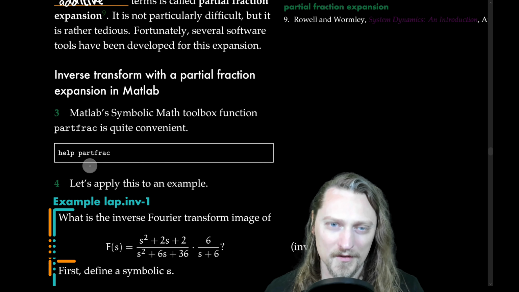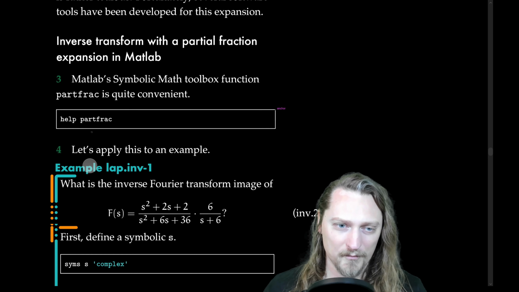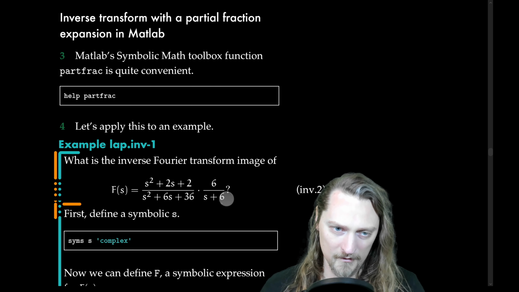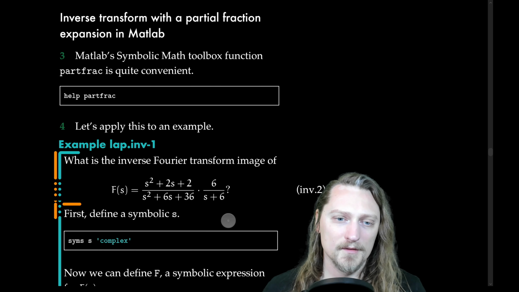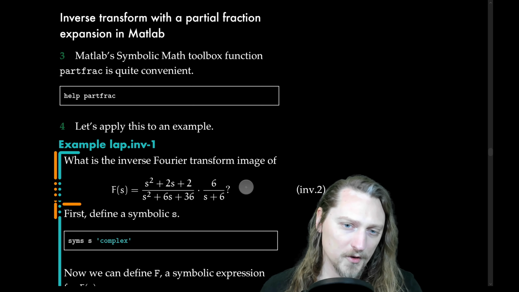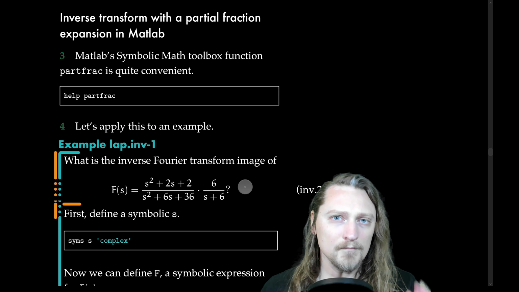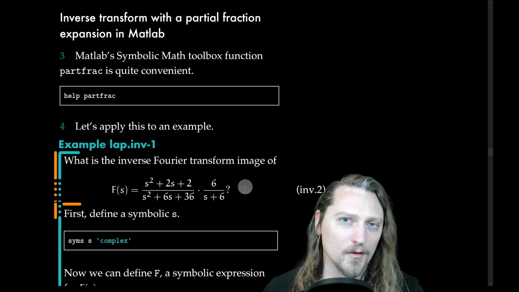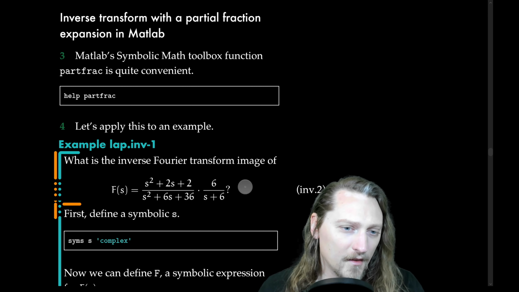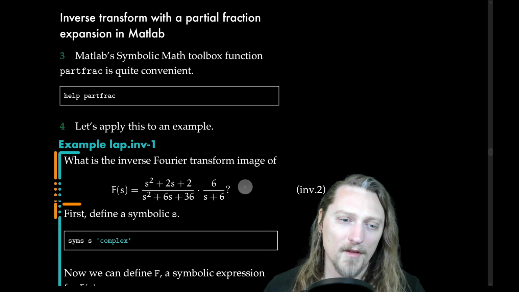That's the plan with this example. So what is the inverse Laplace transform of this F of s, given here, ratios of polynomials of s multiplied together? All right, so I want to take you through the way to do this in Matlab using part_frac and then applying tables after that.